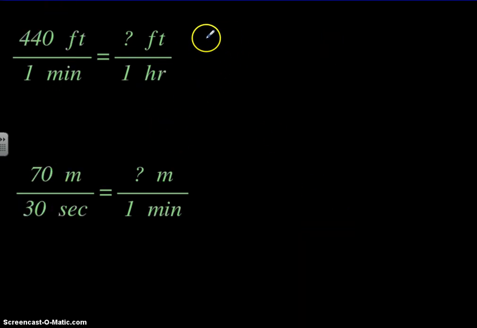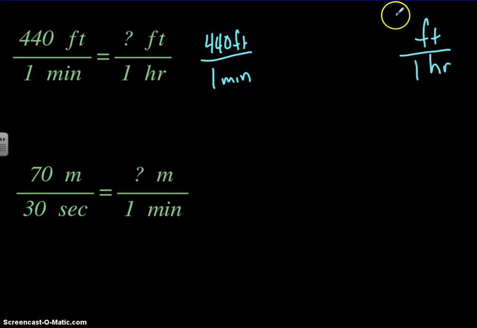Look at the next one. I got 440 feet for 1 minute, and I'm going to feet per hour. Okay, what am I getting rid of? Minutes. Okay, so minutes goes on top, feet go on bottom.